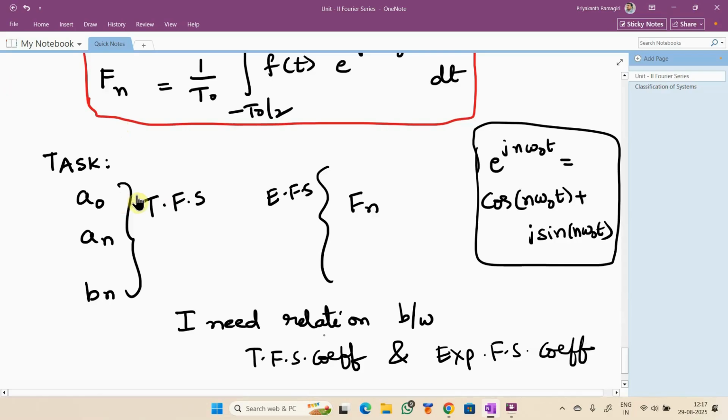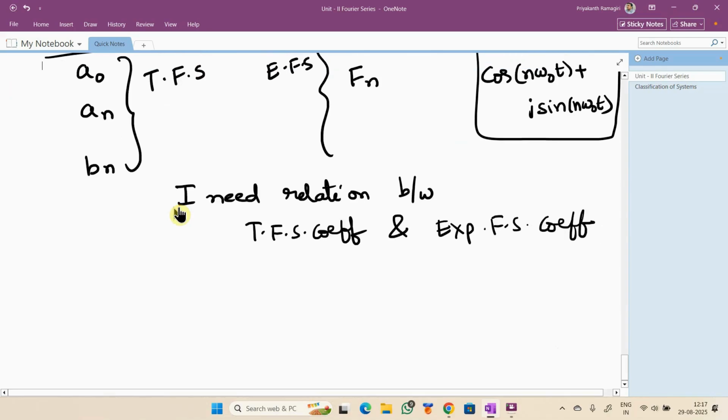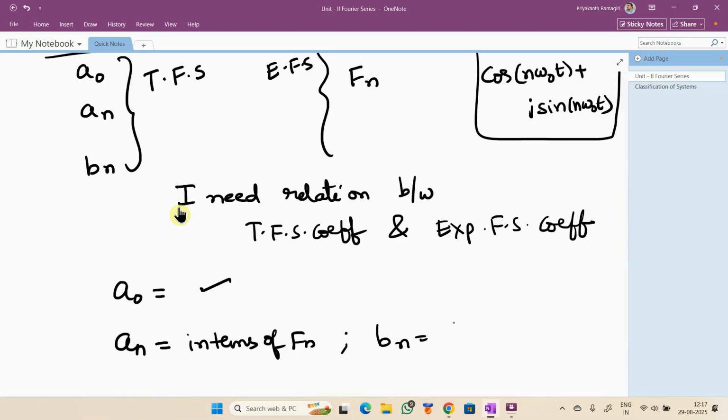Did you understand the task today? Yes, sir. Right? It is very simple. You can write. So I want a0 in terms of the exponential coefficients. I want an in terms of fn, and I also need bn in terms of fn.